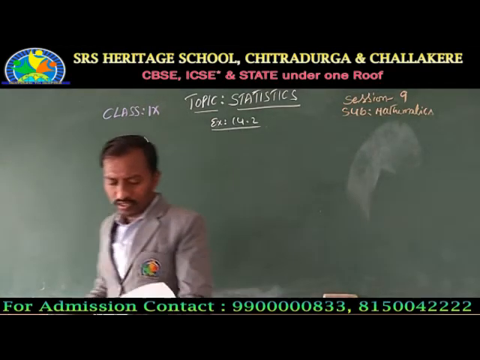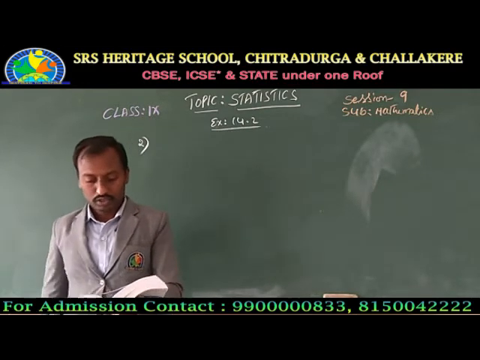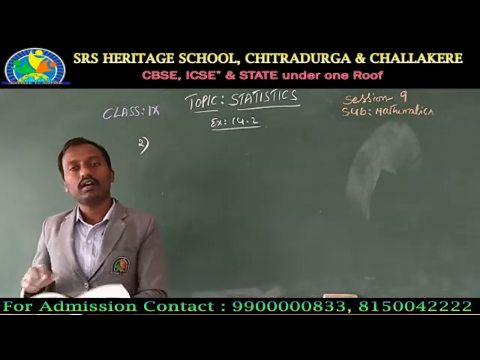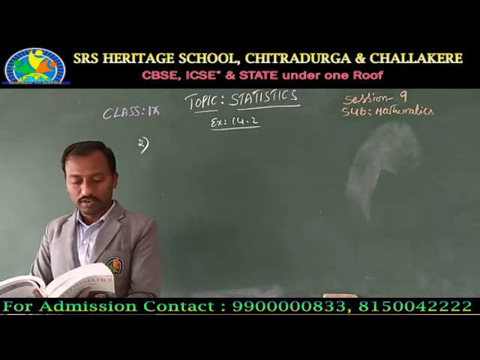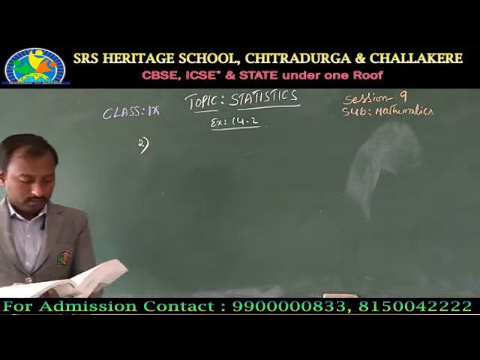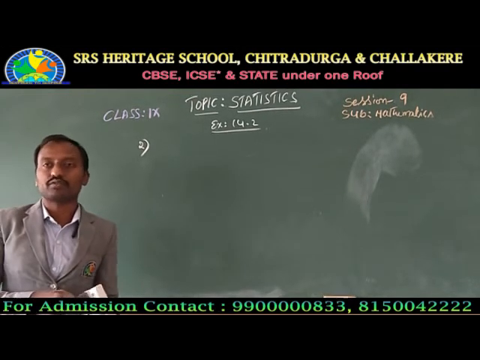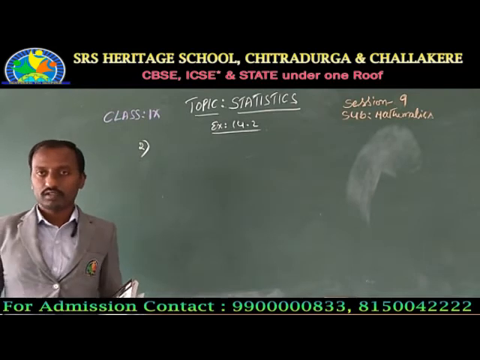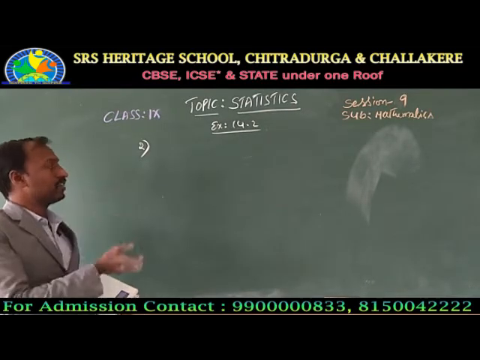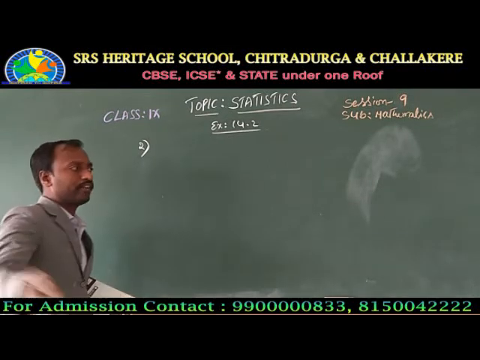What main features do you observe for this tabular representation? So let us write the tabular form for this problem. The distance is given for 40 engineers, the total number of engineers is 40. So the tabular form must have first distance, then tally marks, and then number of engineers. Tally marks is convenient, it's left to you.